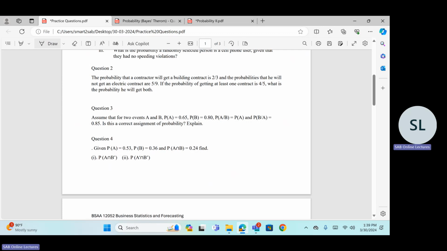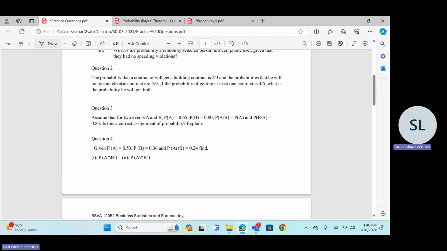Question asks, is this a correct assignment of the probability? Okay, are these assignments okay or not? Question asks that. Understood? Okay. Then these are two probability values. Then the other one says A given B is equal to P(A).